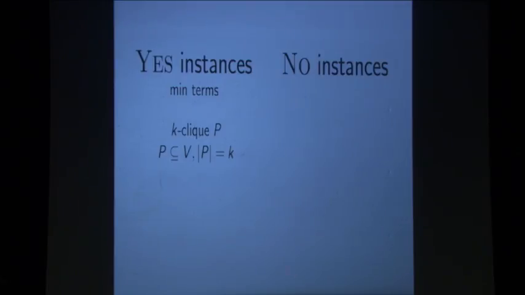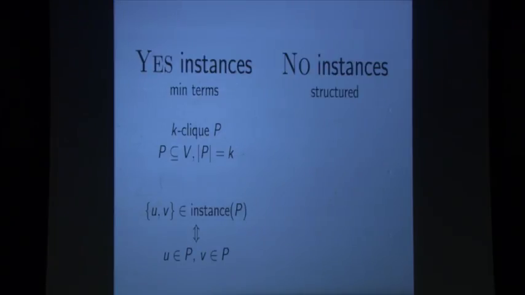It can be identified with a click P of size k vertices. The identification goes as: an edge is in the instance corresponding to the click if and only if both vertices are in the click. Okay. These are the yes instances that we are analyzing.